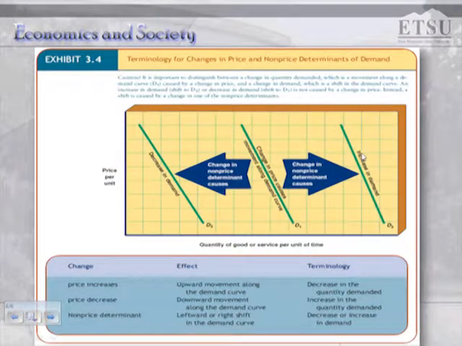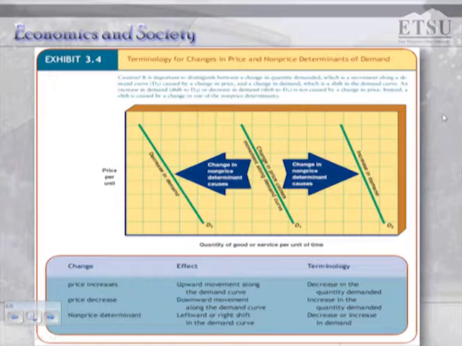So this panel shows very clearly the shifts that are possible in the demand curve. If we start at D1, an increase in demand, a change in one of those things on the list that causes an increased demand will shift that demand curve to the right to something like D2.